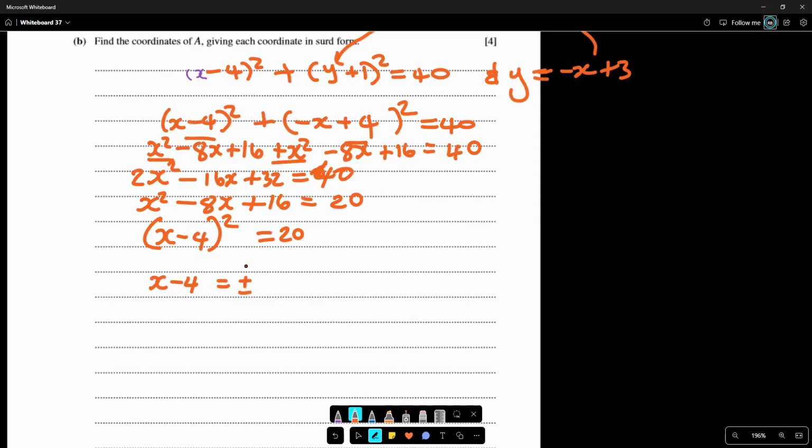Remember, when you square root, you always have a plus or minus. Square root of 20, it's 5 root 2. No, I'm wrong. It's not 5 root 2. It's going to be 2 root 5. I did it vice versa. It's 2 root 5.